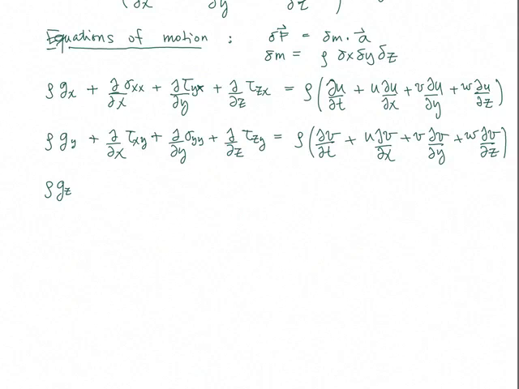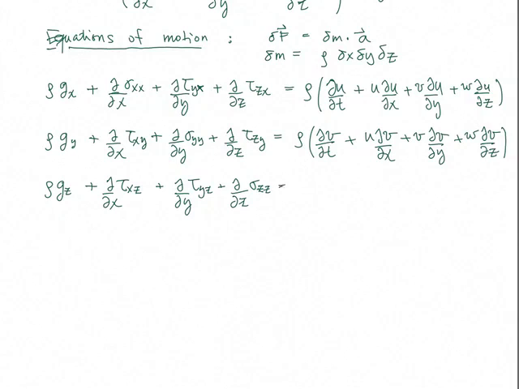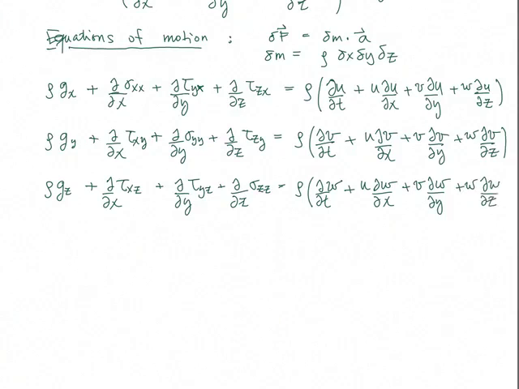That's our body force, the weight, plus ddx of tau xz plus ddy of tau yz plus dz of sigma zz equal to our acceleration in the z direction, rho times d dt of w, the velocity in the z direction, plus the convective term u dw dx plus v dw dy plus w dw dz. So here we have our convective acceleration on the right hand side.